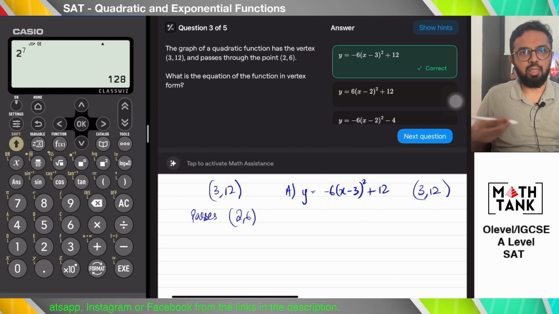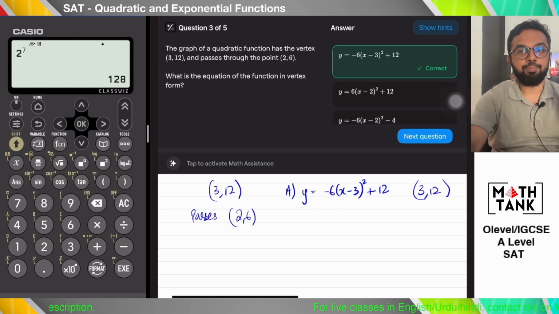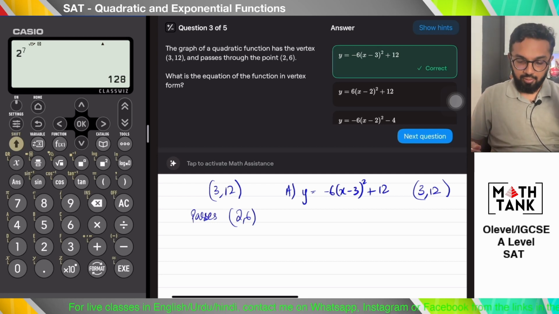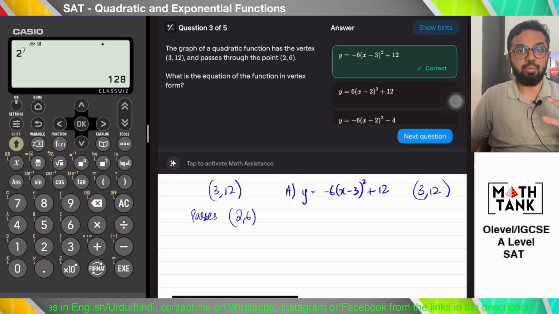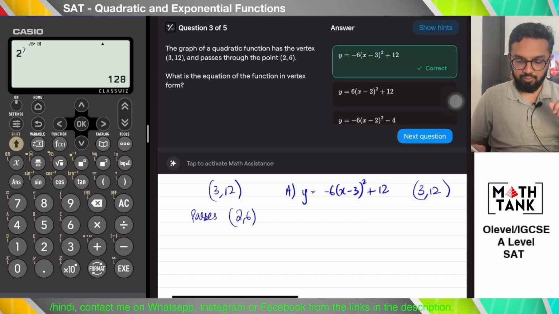Regardless, if two of the answer options had the same turning points, I would have plugged in (2, 6) to see which one balances the equation. Okay, so that's it.